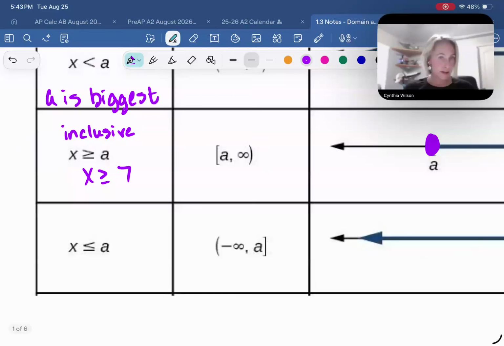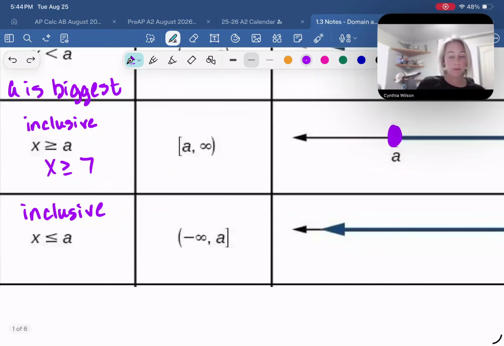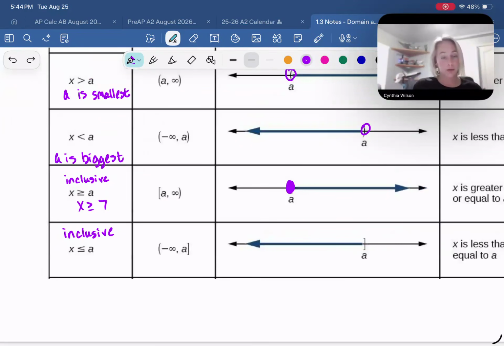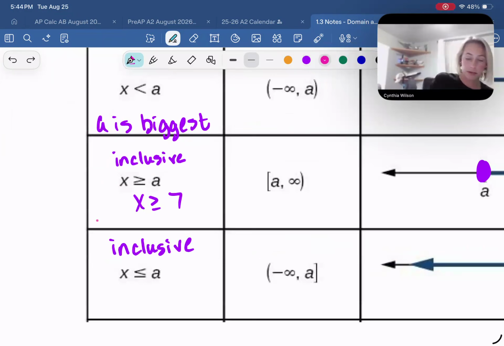Right. Less than or equal to, again, this is inclusive because of that equals to. Right? That means that A is included in your inequality and it's part of your answer. All right. So just like the other ones, if I have a greater than or equal to, that means that A was the smallest.